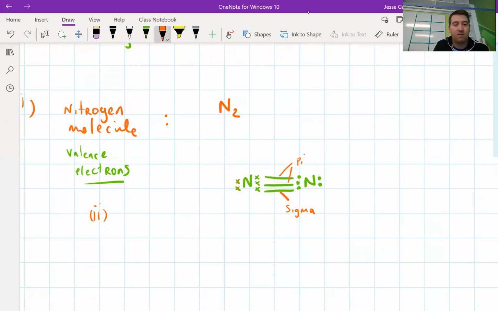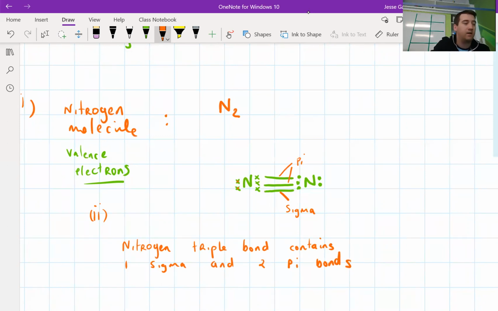Okay, so just to clarify, the triple bond here in nitrogen contains 1 sigma and 2 pi bonds. Now you might have just said 1 sigma and 2 pi bonds, and that will probably get you the marks just fine.